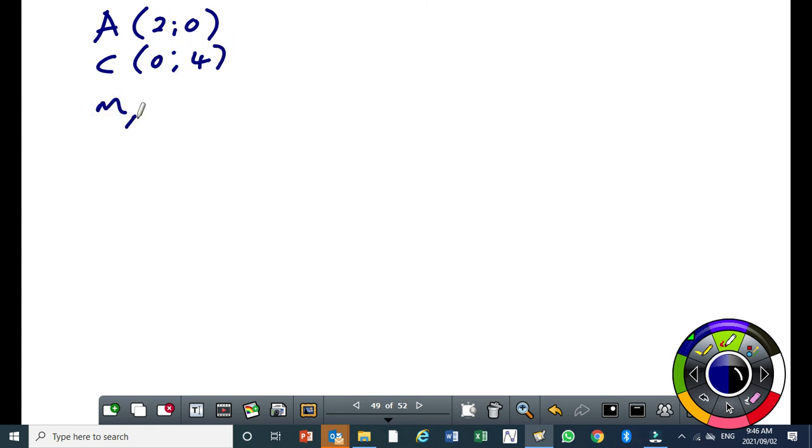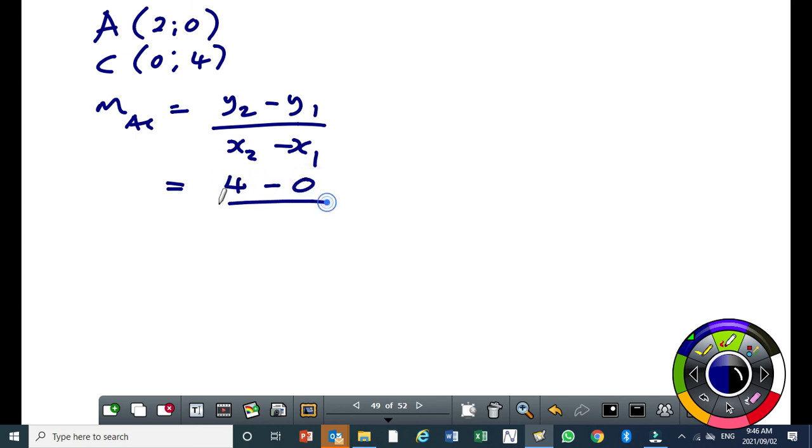So the gradient of AC is going to be y2 minus y1 over x2 minus x1. So we substitute, I'm going to consider the point C as my x2, y2. Remember it's your choice. So I'll put 4 there, minus 0 over my x2, that's 0, minus 2.